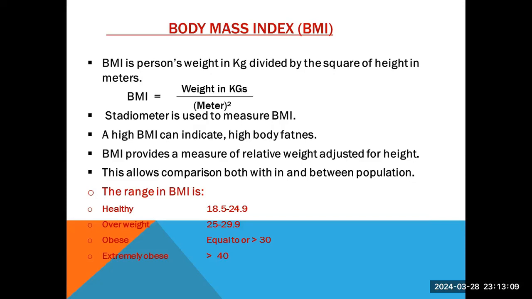Then if we get the value from 25 to 29.9, it indicates overweight. And if we get 30 or more, then it indicates that the individual is obese. And obviously, if it's more than 40, then it indicates an extremely obese person.